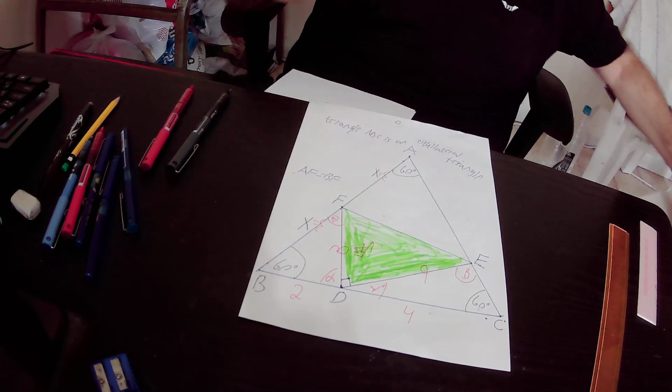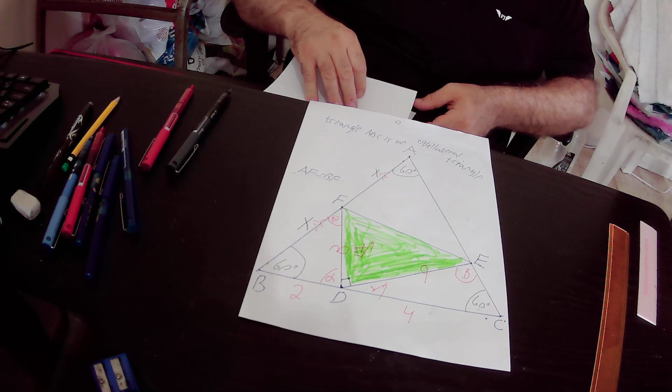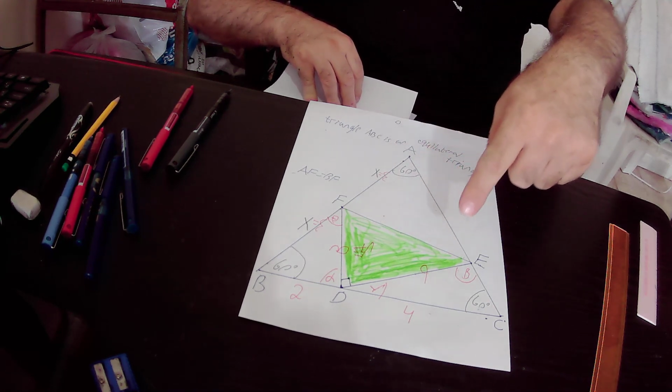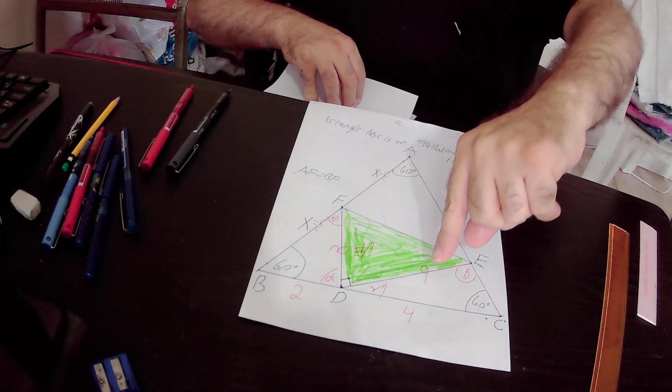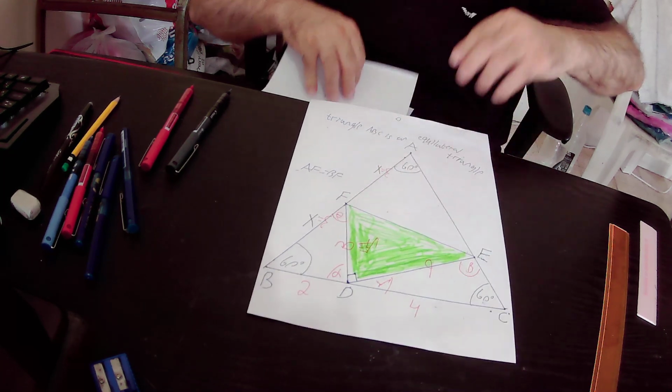After we know the values of A and B, we can calculate the area of the green triangle FDE, because the area equals the base B times the height to the base A, over 2.